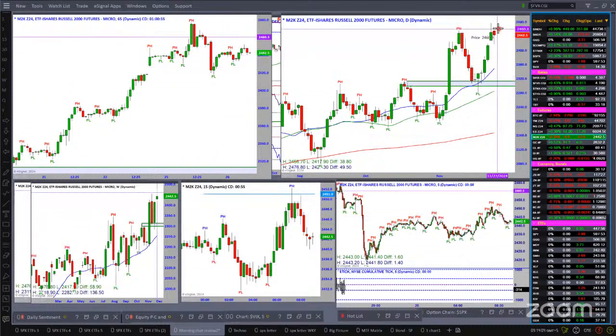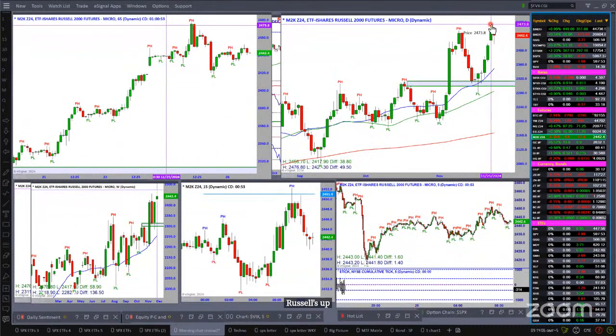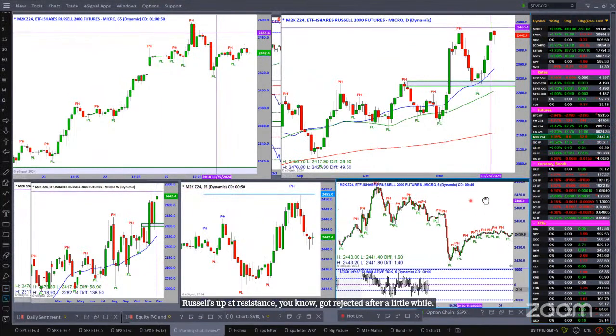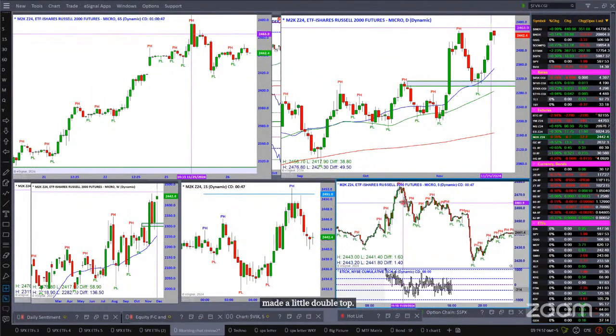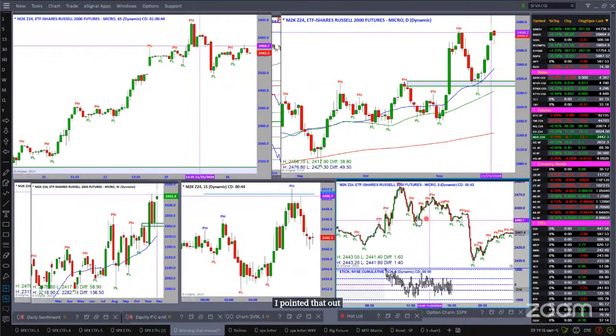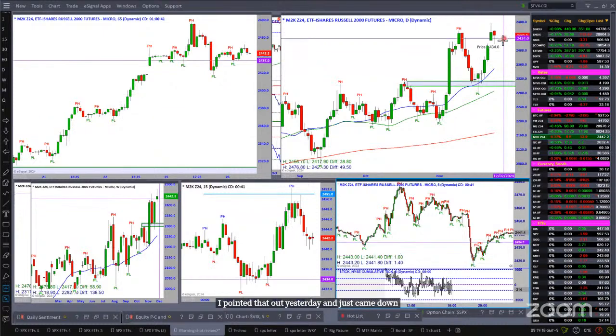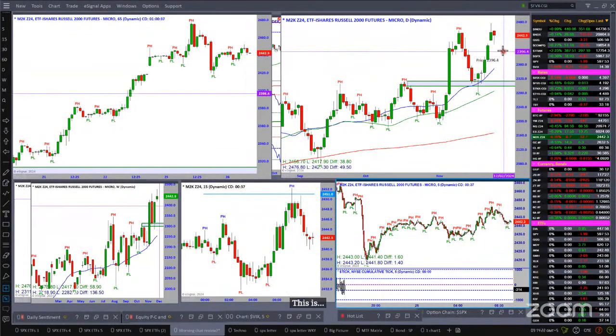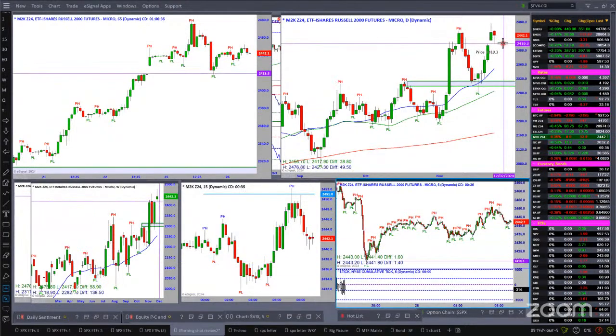The Russell went up to resistance, got rejected after a little while, and made a little double top. It was right here. I pointed that out yesterday, and it just came down a little bit and chopped around. You got a little support there, that pivot you can see on the 65-minute.